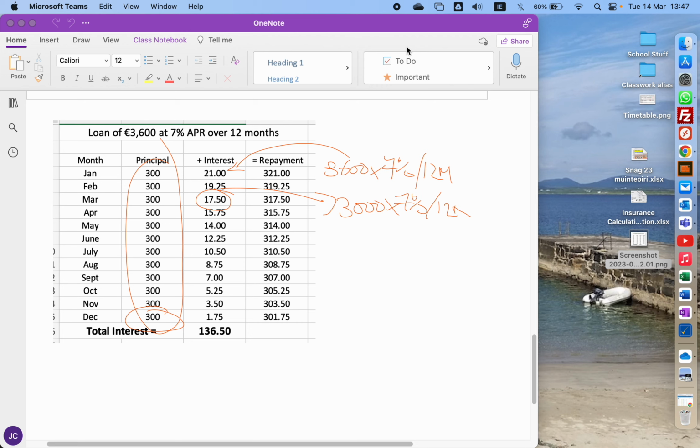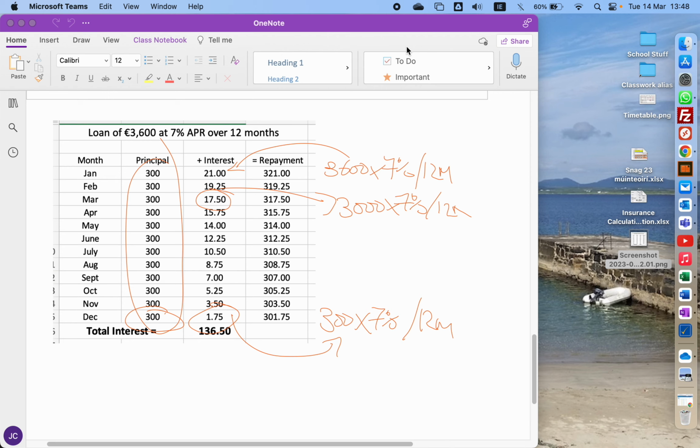So when I'm working out my interest, I owe 300, that's all that's left, times 7%, because that's the interest rate for a year, and we'll divide that by 12 to make the monthly figure. So that's where the 175 comes from. So the total interest then, that's where I come up with the figure of 136.50.